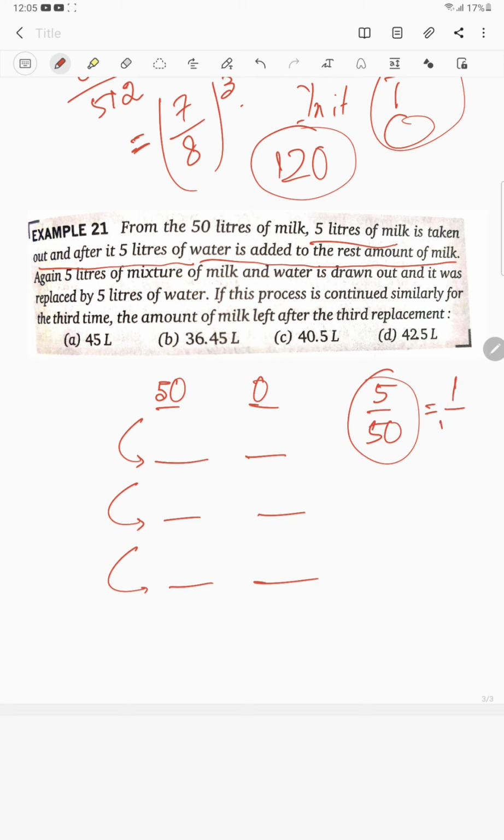So 1 by 10. So the multiplying ratio is 9 by 10, 45, 5. Again 9 by 10. Again 9 by 10.